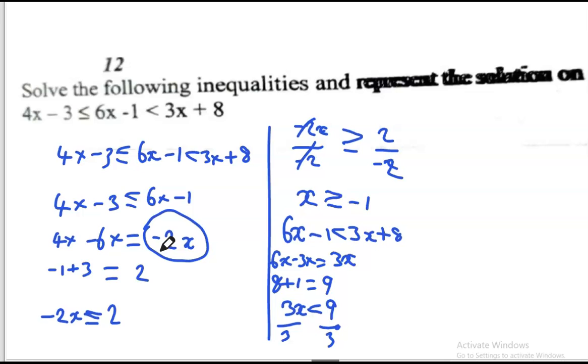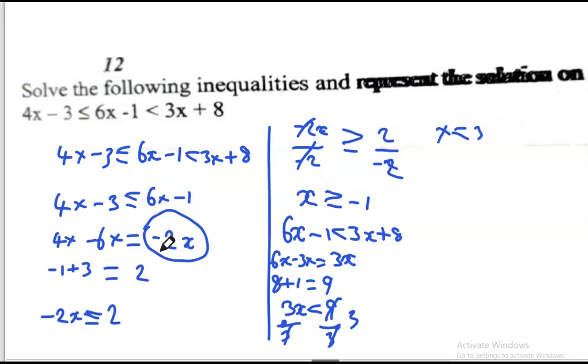But in the second scenario, we have 3x, which is a positive number, so you don't change anything. You simply have 3 divided by 3, which is 1, and 9 divided by 3 gives you 3. So the value of x in this case is simply less than 3.